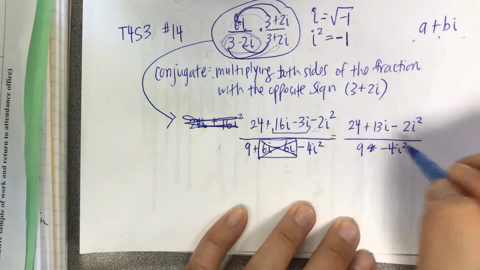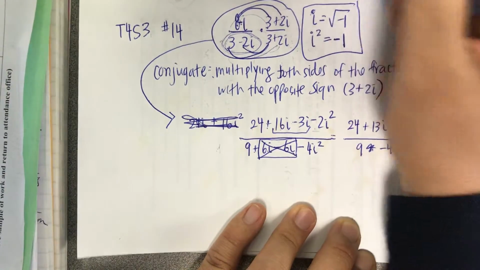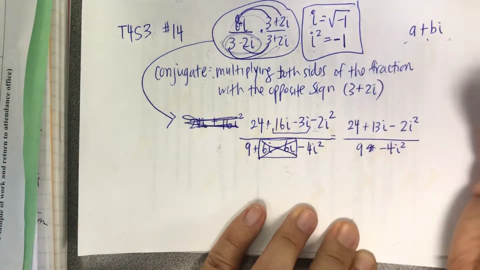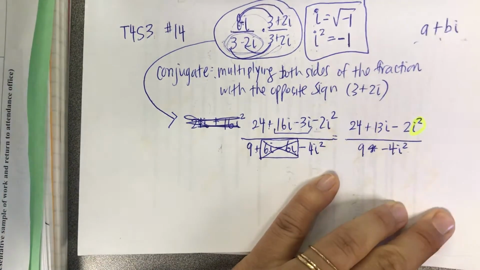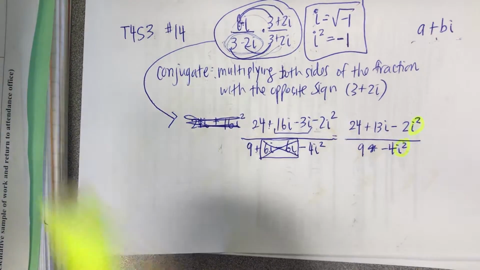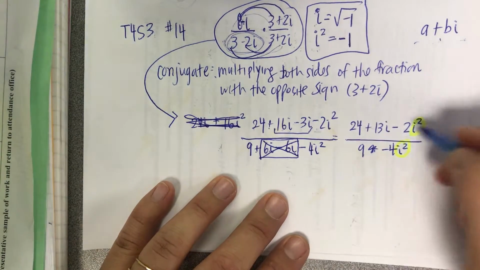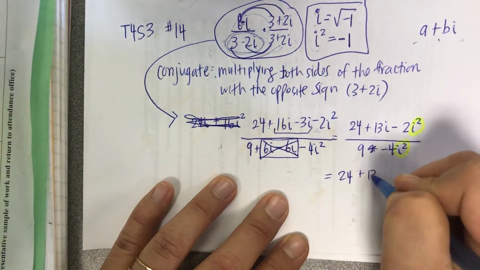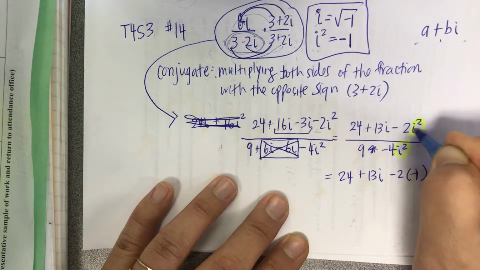So now since we've created this, remember what I told you right here? Anytime you have a regular i, just leave it there. But anytime you have an i squared, which we have, and I'm going to use a highlighter here so I could show you, I got an i squared there, I got an i squared here. Anytime you see an i squared, plug in the -1, okay, to take care of that. So it's going to go 24 plus 13i minus 2 times -1, right here, okay?